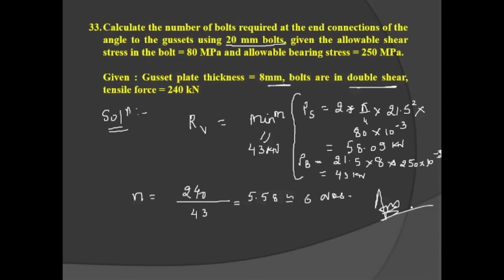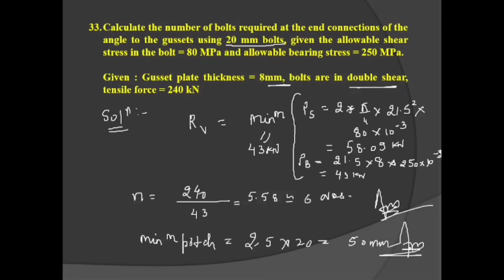Now you can also calculate the value of the minimum pitch. Minimum pitch is equal to 2.5 times the nominal diameter, that is 20, that is 50 mm. This is the minimum pitch between the rivets.